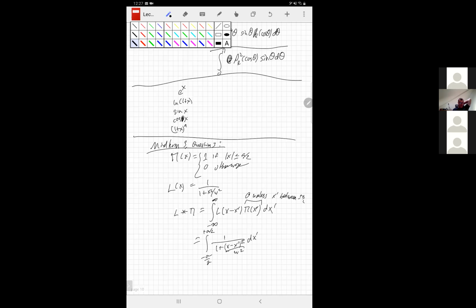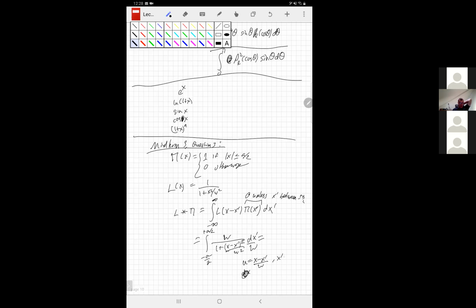dx prime, right? And that winds up giving us, let's see, if I divide by w and multiply by w, and I make the u substitution, u equals x minus x prime over w.